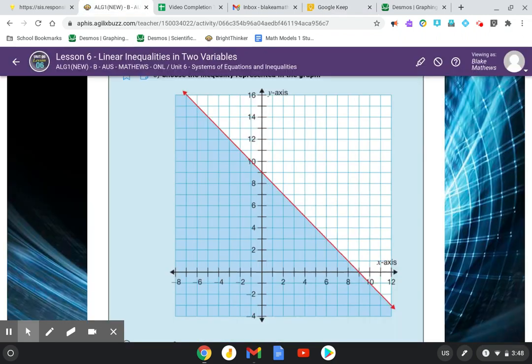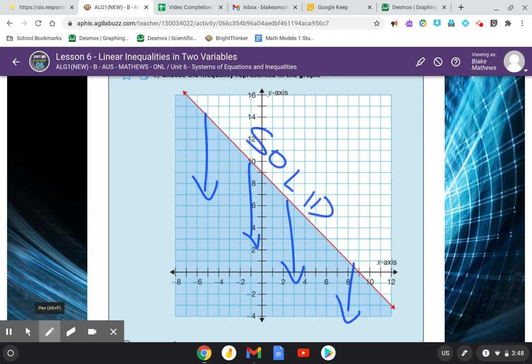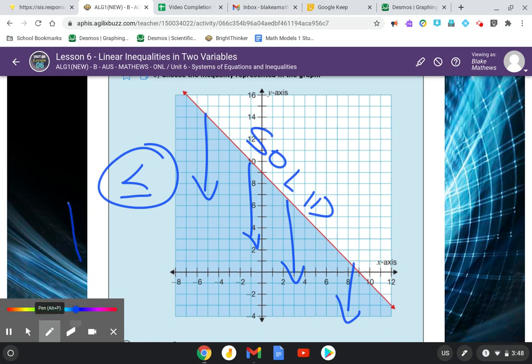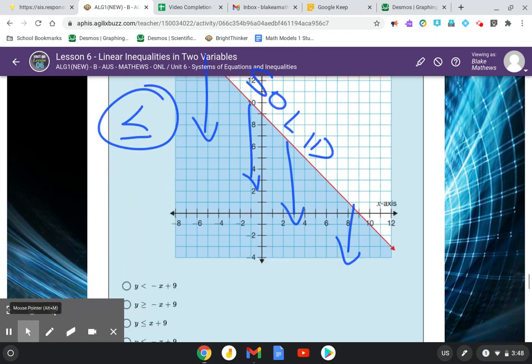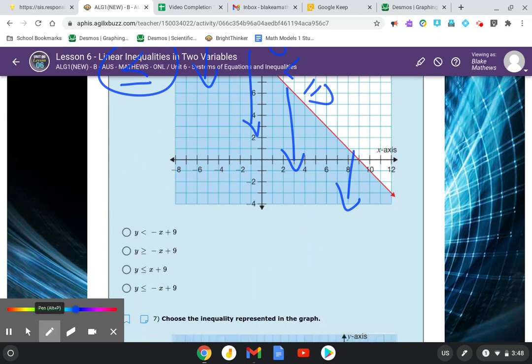Again, armed with that information, we come over here. We see here we have a line where we know that it's being shaded below the line, and it's solid. So we know already that we're looking for the following symbol: solid and below. So this I can get just by looking at the picture. And then I scroll down and I see at my answer choices, two of these answer choices have the correct symbol.